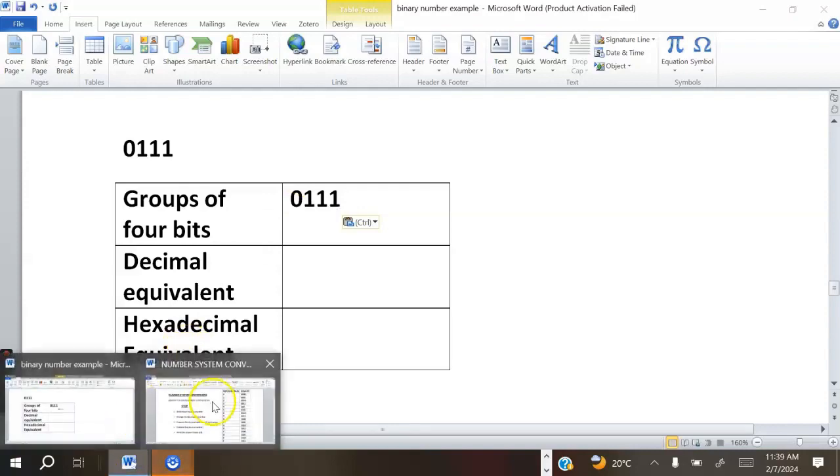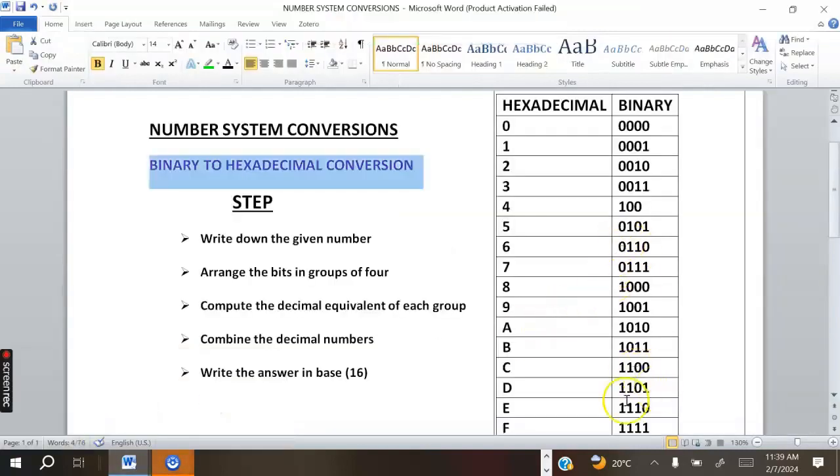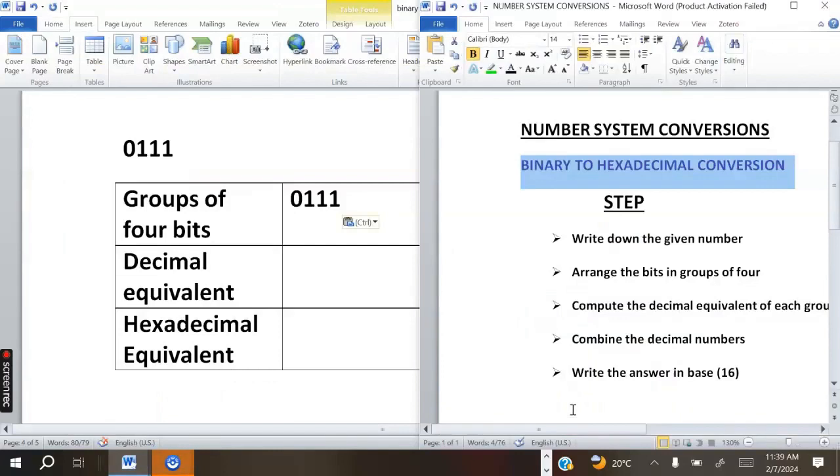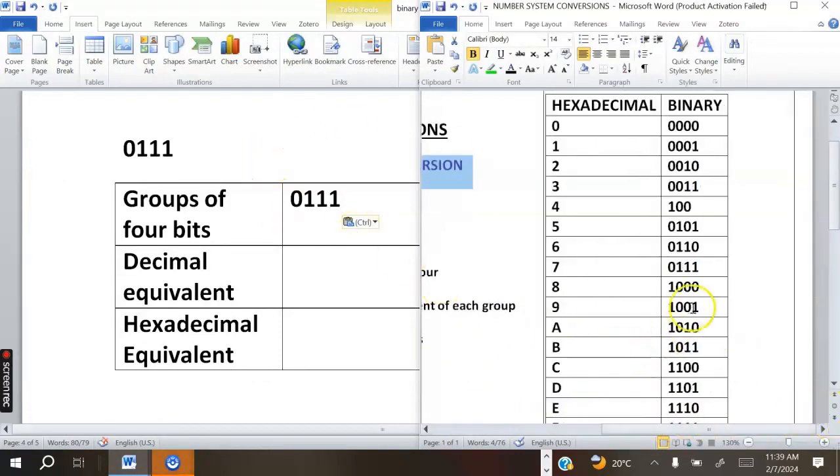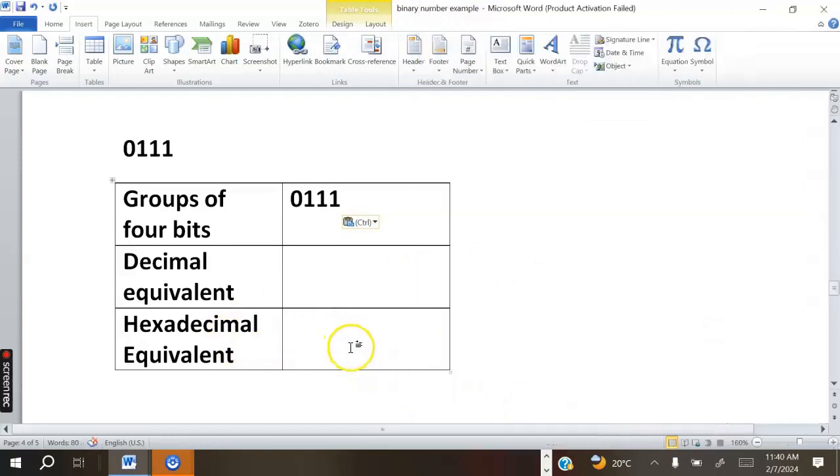Let's go directly so that you can have a comparison. So we have 0, 1, 1, 1, which is equivalent to 7. For the hexadecimal, it's supposed to give us 7, and 7 for the decimal is also 7.